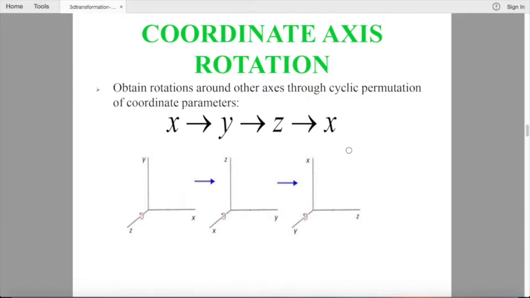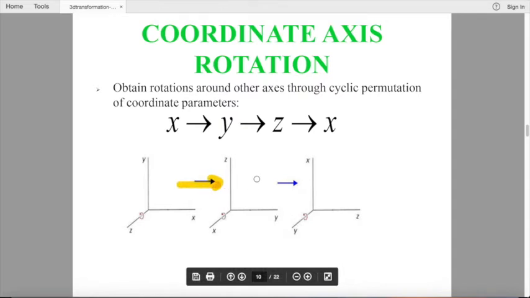On the coordinate x-axis rotation, it orbits around the axis through circular permutations of the coordinate parameters. By rotating Z, it changes into another form. Like on the slide, X turns to Y, turns to Z, and turns to X again.